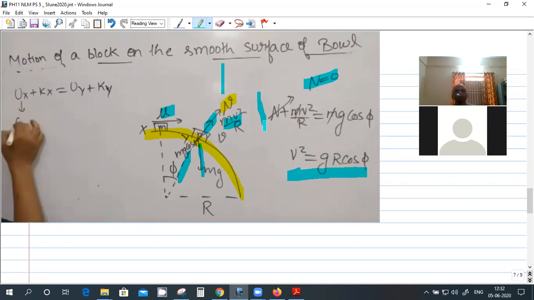Yes, sir. So from that you get the velocity at the point at which it loses contact. Once I know the velocity here, I can find this height h by energy conservation, because the potential energy here is less than here by this mgh. So using this energy conservation, I can find the height h.